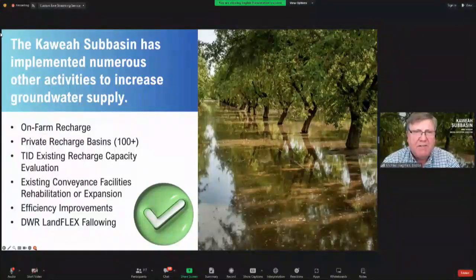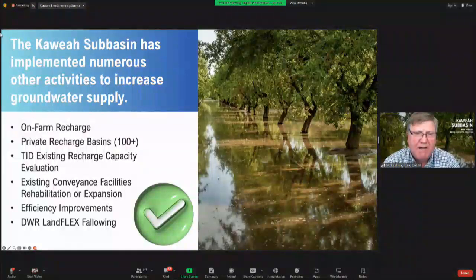Private and public agencies have each spent money and resources to accomplish adding more supply to our subbasin. It's imperative to remember that these projects will take wet years such as 2023 or other years and bring that supply in and store it in the basin to help us reach our sustainability.